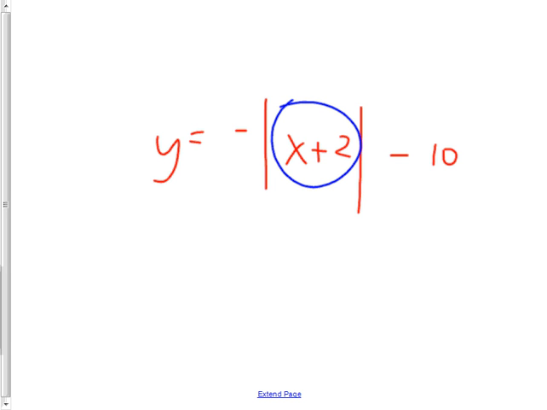Let's say we had y equals negative absolute value of x plus 2 minus 10. Make a little sketch of it. Then this time, there's 3 things to do, and my advice is always start on the inside, get that done. And when you're done with that, you do the stuff on the outside in the order of operations.